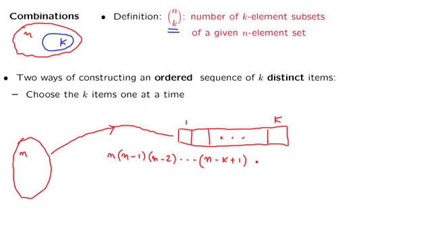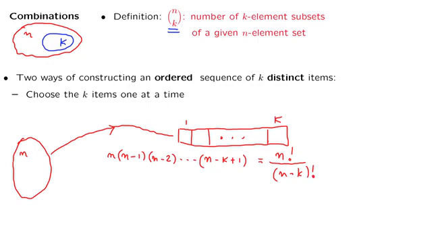At this point, it's also useful to simplify that expression a bit. We observe that this is the same as n factorial divided by (n minus k) factorial. Why is this the case?